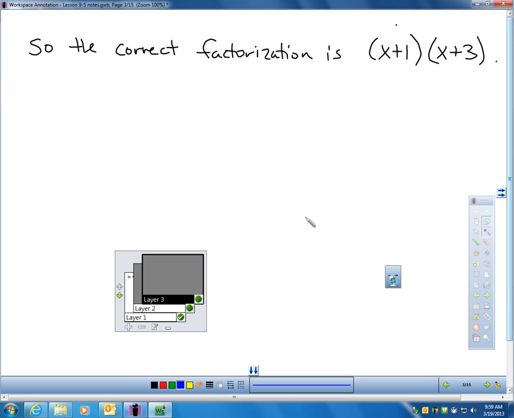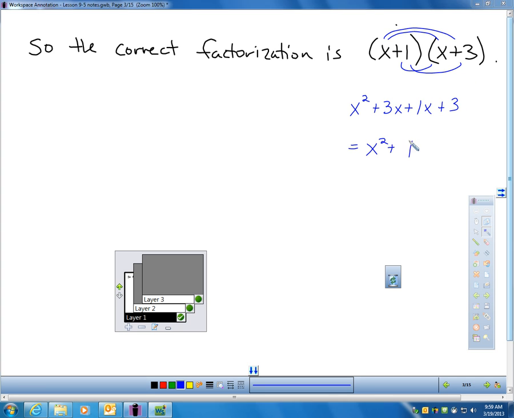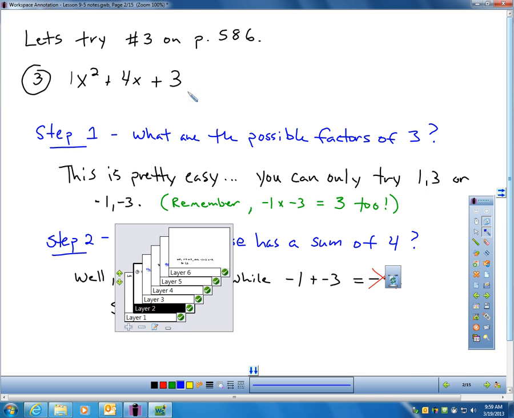If I double distribute, x times x is x squared, x times 3 is 3x, 1 times x is 1x, and 1 times 3 is 3. Do you notice how I get x squared plus 4x plus 3, which is exactly what we started with?